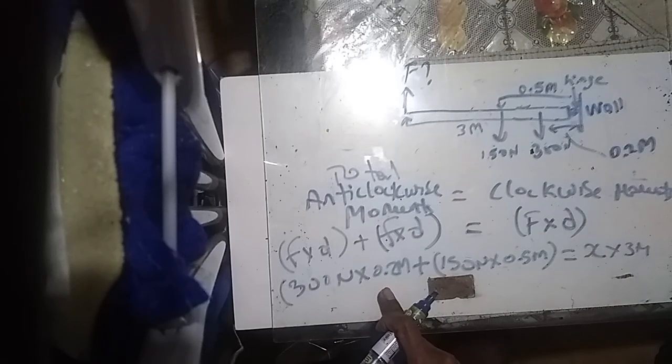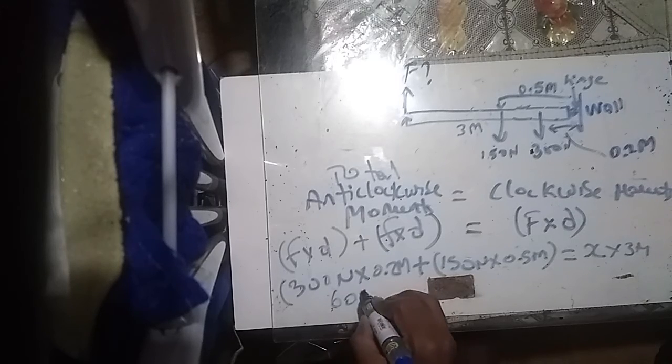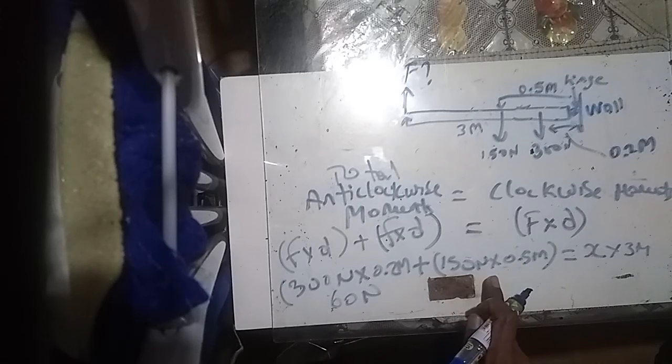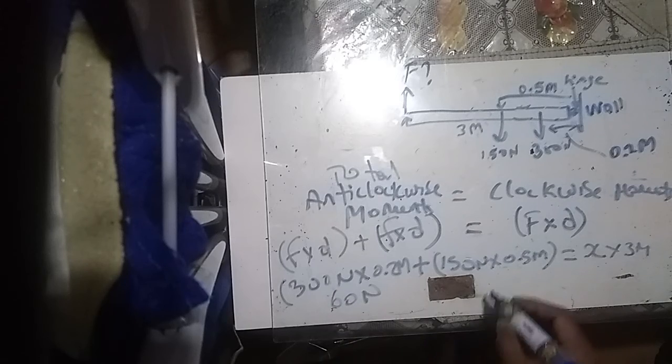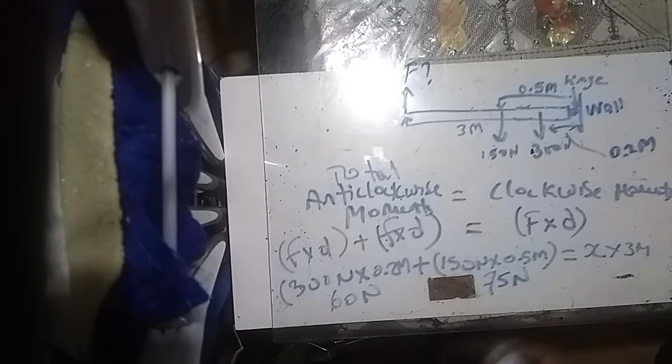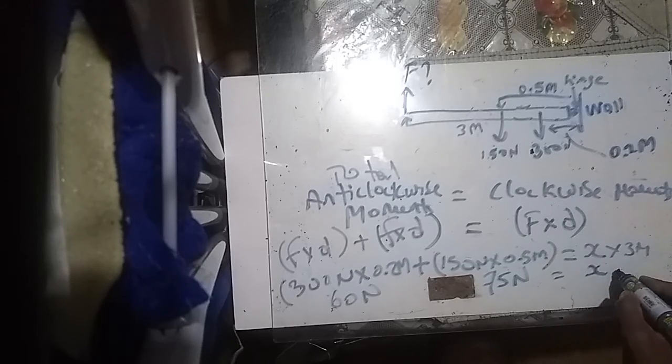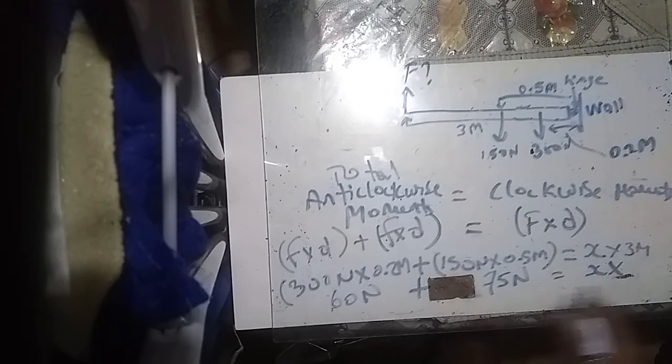That is going to be 60 Newton meter right there, right? And 150 times 0.5, you know that half of 150 is 75 Newton meter, right, is equal to x times 3 meter.